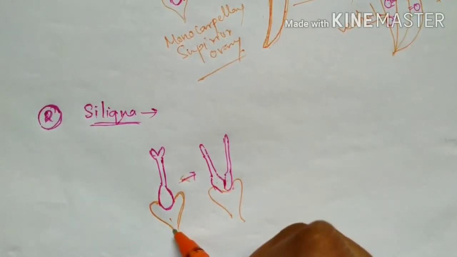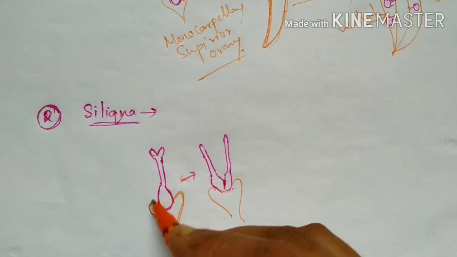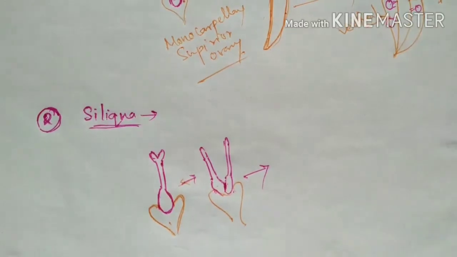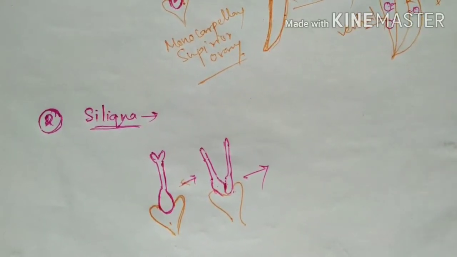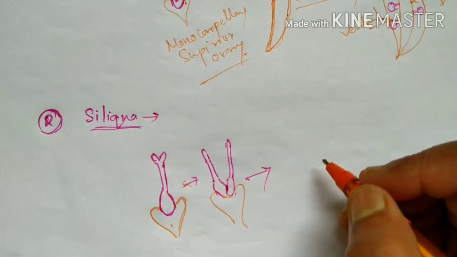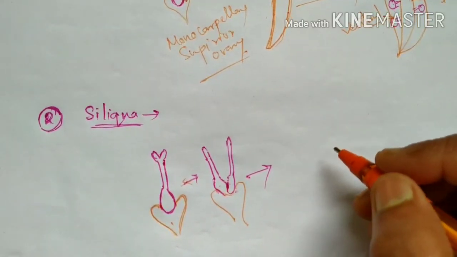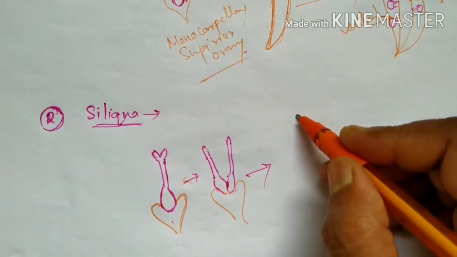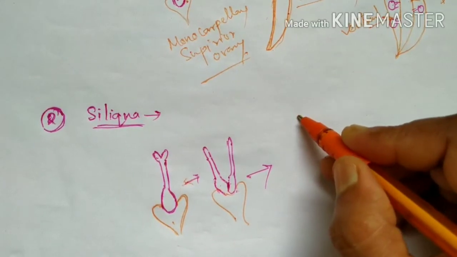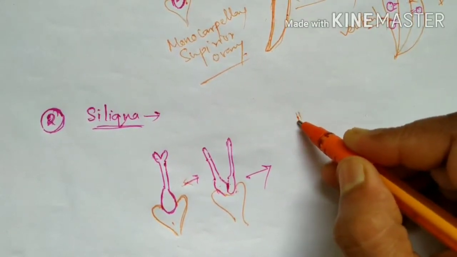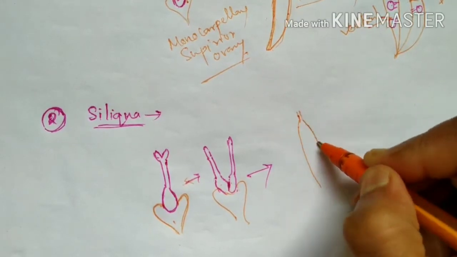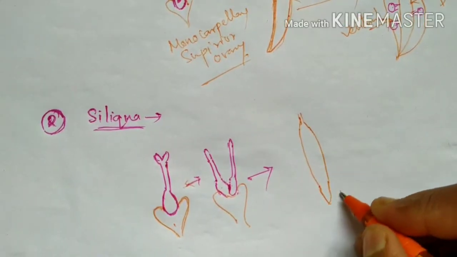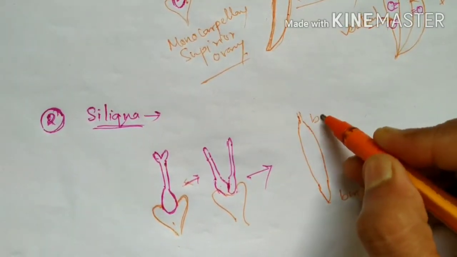Silicua is produced from a bicarpellary superior ovary. Initially the fruit contains one chamber, but after maturation the fruit contains a false septum. The pericarp breaks from base to apex.